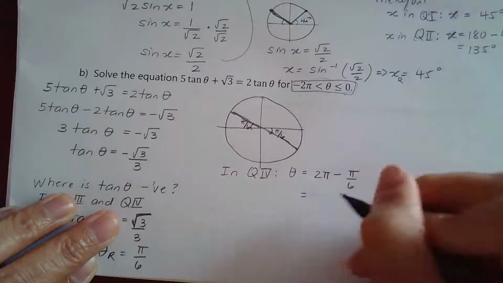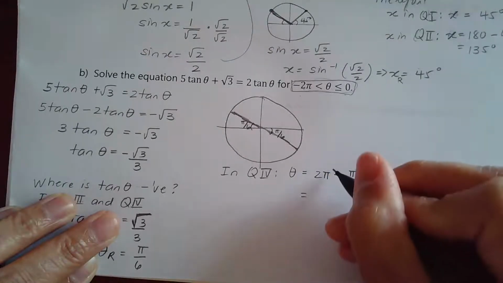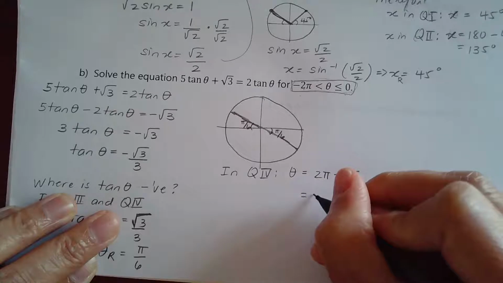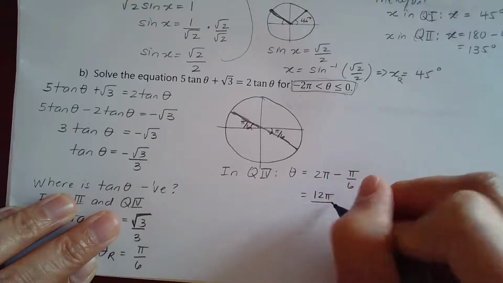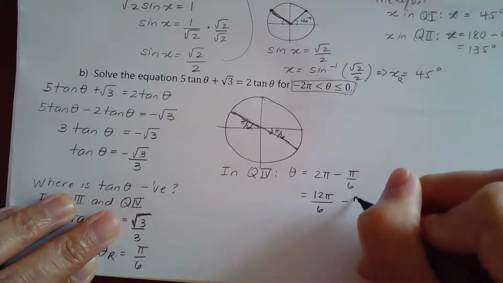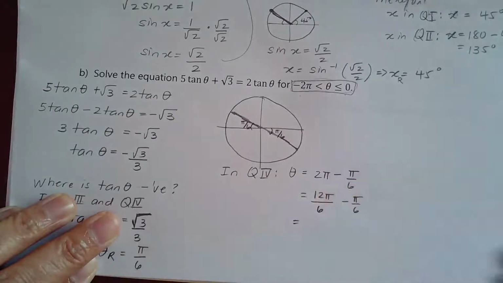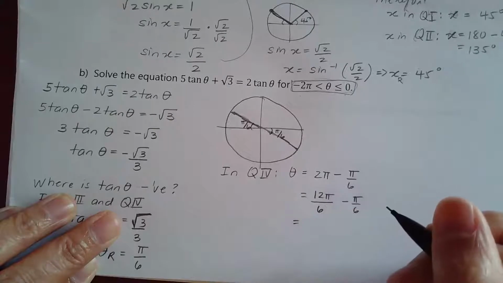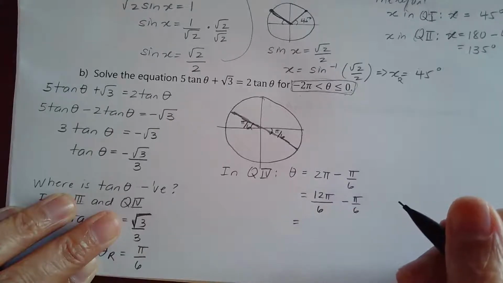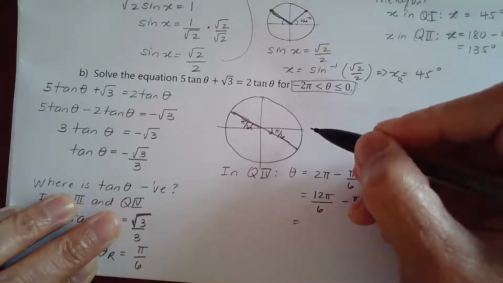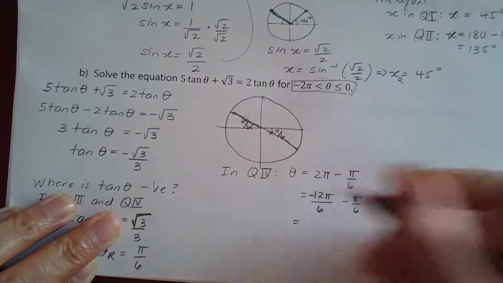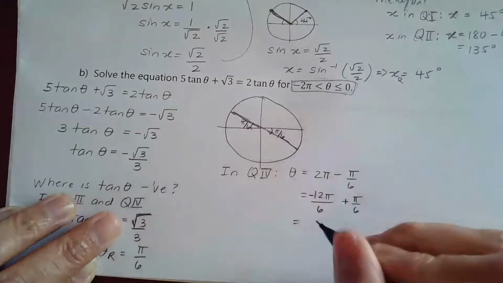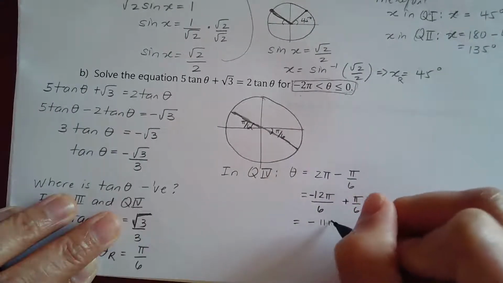So what would that be? If I multiply by 6, that's going to give us 12 pi over 6 minus pi by 6. That should go like this: -2 pi plus pi by 6.